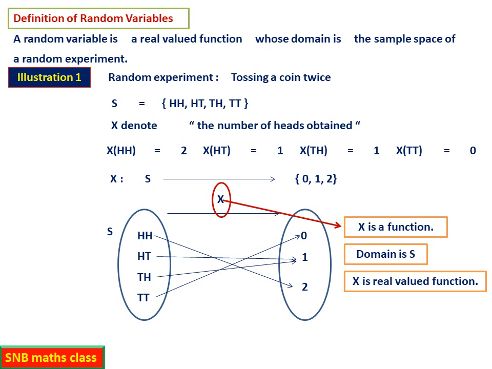Therefore we can define the random variable as this: a random variable is a real valued function whose domain is the sample space of the random experiment. Once again, you need not ask what the range or codomain is. Real valued function means the codomain or range should be a subset of the reals. So this is the definition and understanding of the random variable.